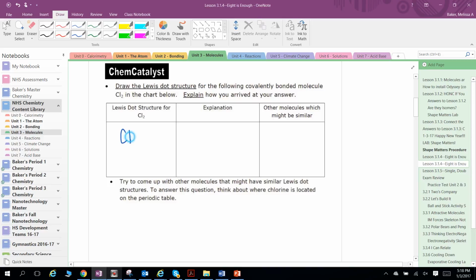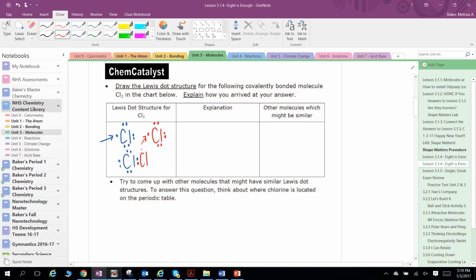Well, if I draw Cl2's Lewis dot structure, I'm going to see that it's got 7 valence electrons and 1 lonely electron. If I draw a second one, it's also going to have 1 lonely electron. So what if I draw the lonely electrons facing each other?